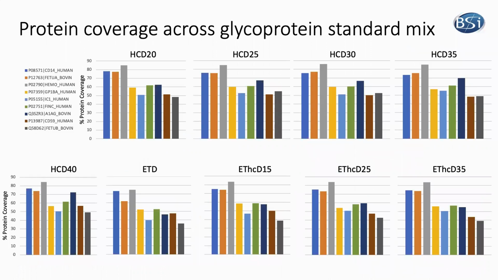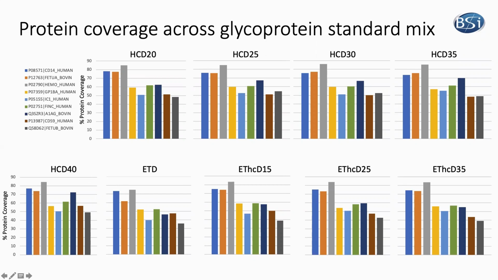So I ran this in PEAKS Glycan Module, and this is first showing the analysis of the standard glycoprotein mix of 9 different glycoprotein standards, performing each run with the different dissociation method.